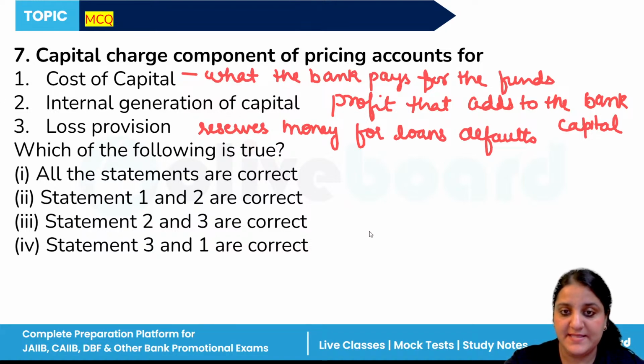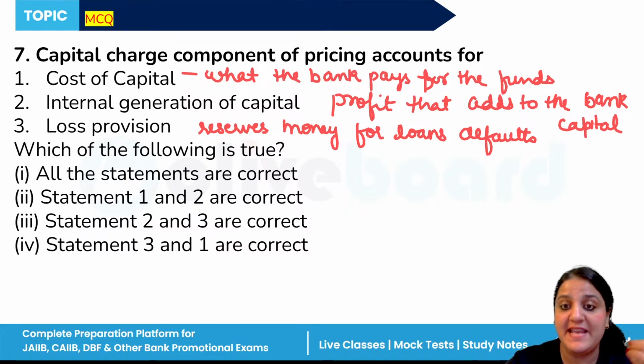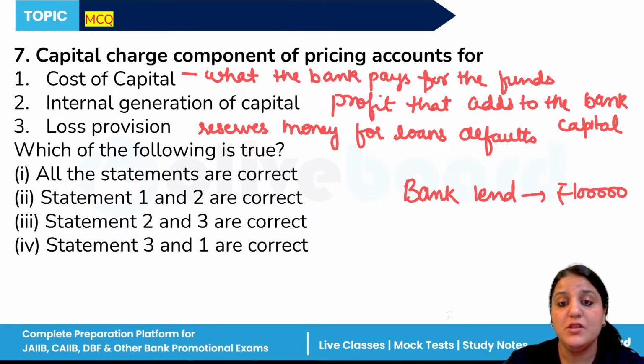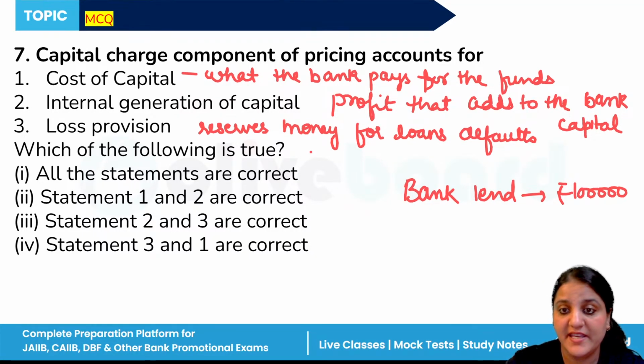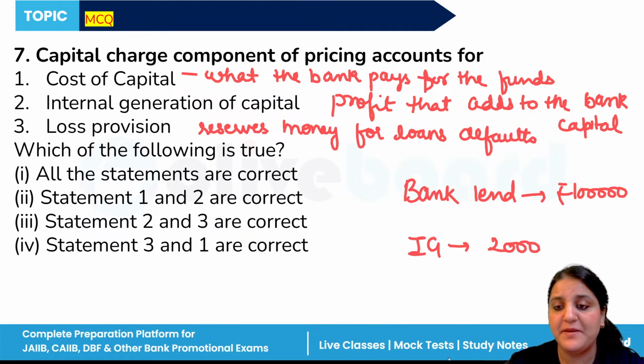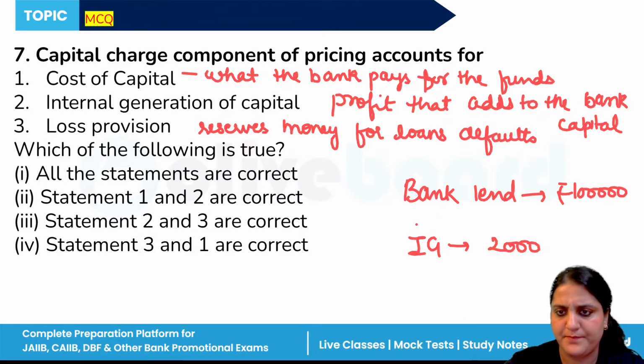So we can say if a bank lends 1 lakh rupees, right? Internal capital generation is 2000 rupees. Cost of capital is 5000.